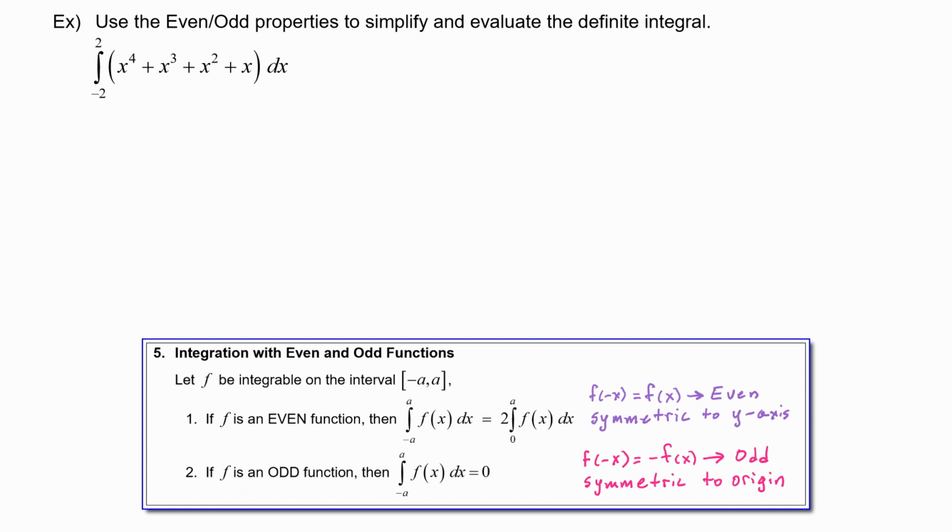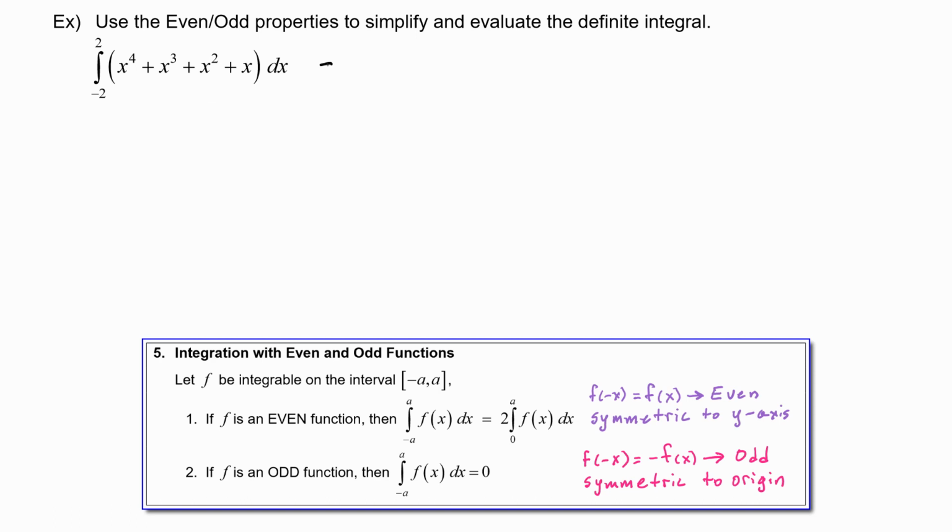Now we want to separate this integral into two parts, one for the even functions and one for the odd functions. We know we want to do this because we recognize that we have a symmetric interval for the limits, and it is easy to recognize that we have some even functions here and some odd functions here.